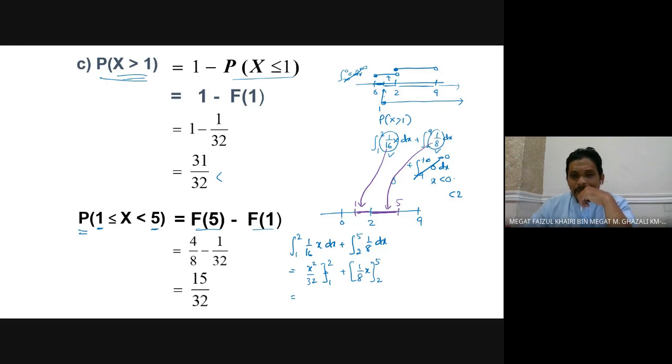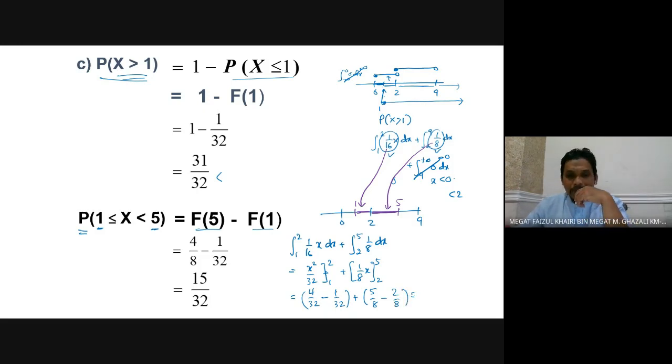Okay, so substitute x with 2. 2 squared equal to 4. 4 over 32 minus 1 squared, 1 over 32, plus substitute x with 5: 5 over 8 minus 2 over 8.